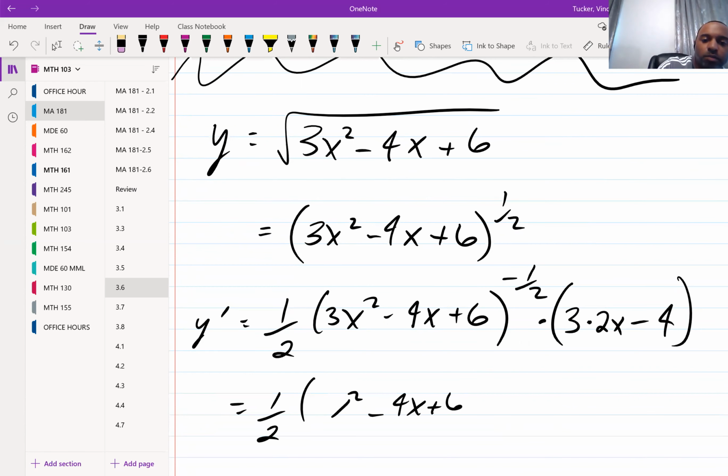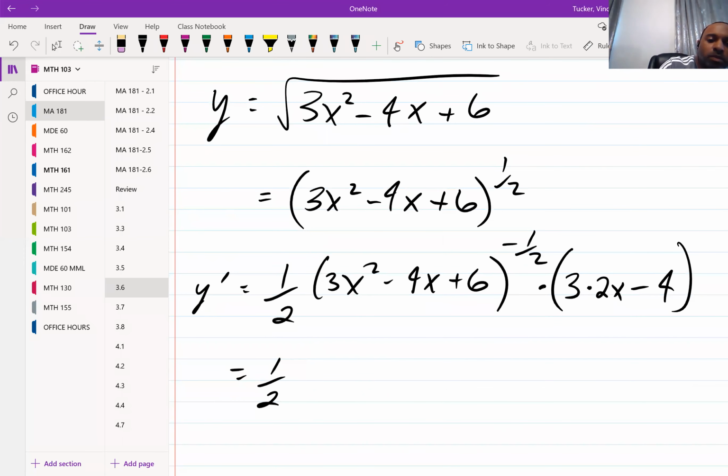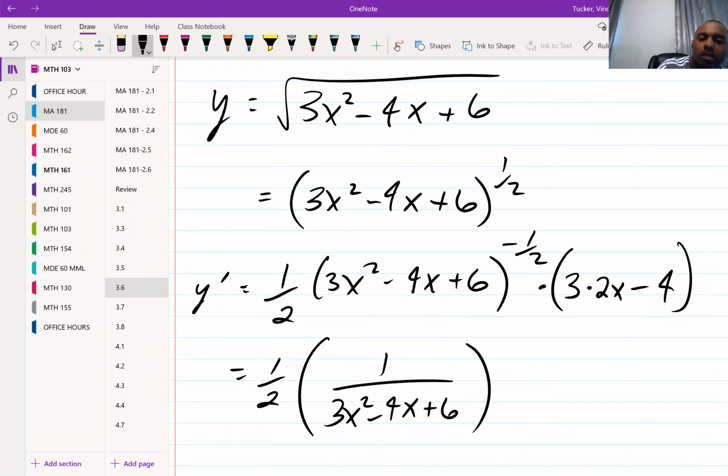As a matter of fact, I can go ahead and bring that down to the bottom. So that should be a negative exponent of 1/2. Since it's negative, to make it positive, bring it down to the bottom. Then we can simplify this as 6x minus 4.